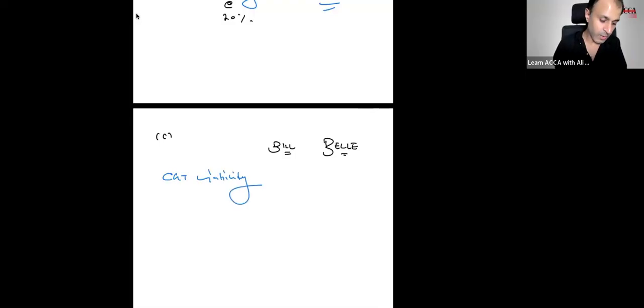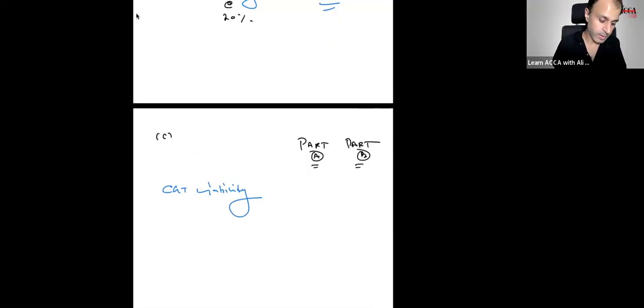In fact, column wise, I can write part A and part B. And here I can write the persons, Bill and the daughter. And then we can also write the full total effect.